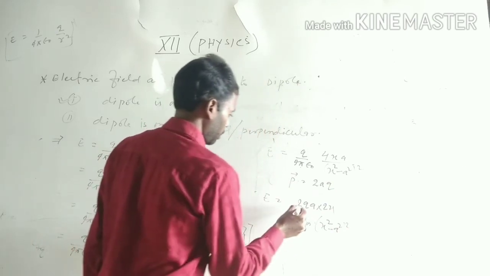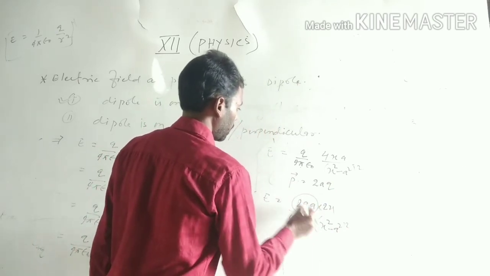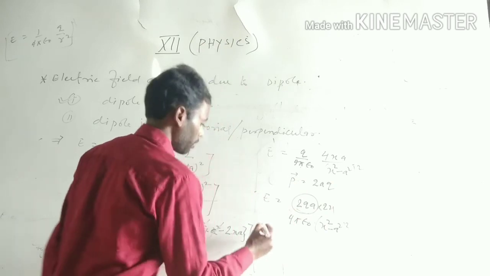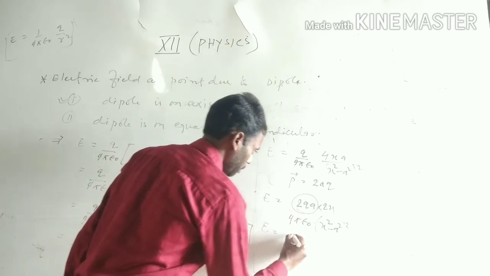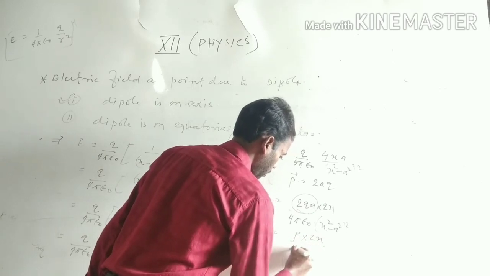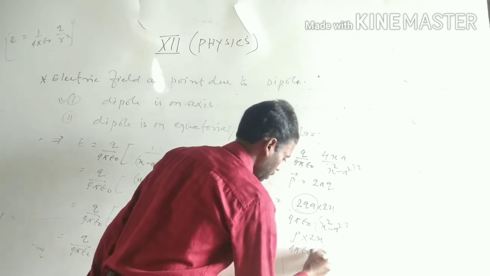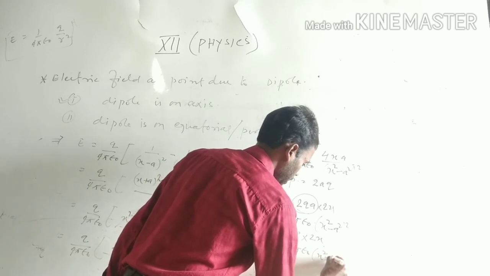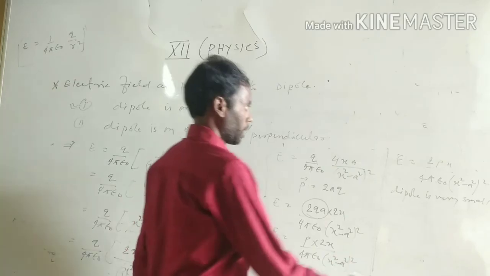In place of 2Qa we can put the electric dipole moment. So the electric field is equal to P into 2x divided by 4 pi epsilon naught x square minus a square whole square.